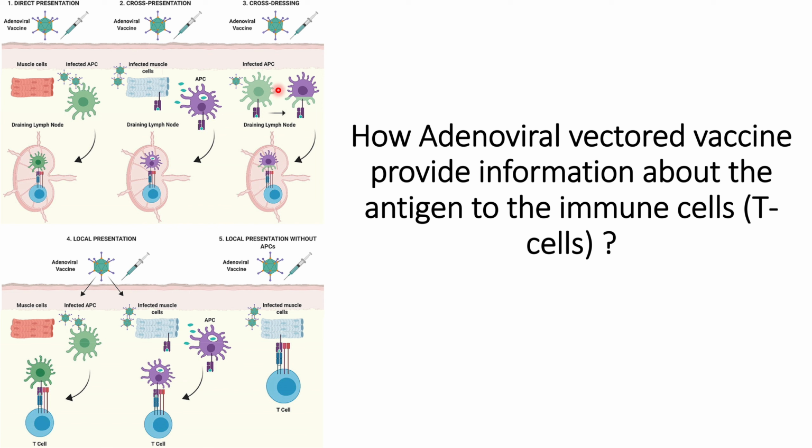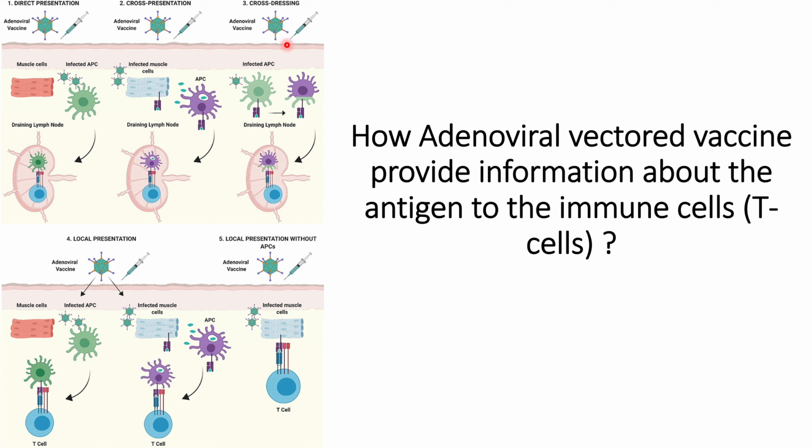So the difference between cross-dressing and direct presentation is that a different antigen presenting cell provides information to the T cells in the draining lymph node, not the cell that has been infected with the virus. Whereas in the case of direct presentation, the antigen presenting cells that are infected with the virus provide information to the T cells in the draining lymph node.